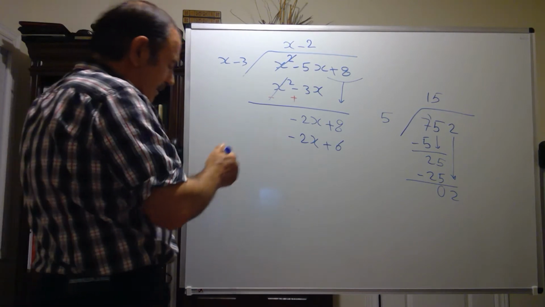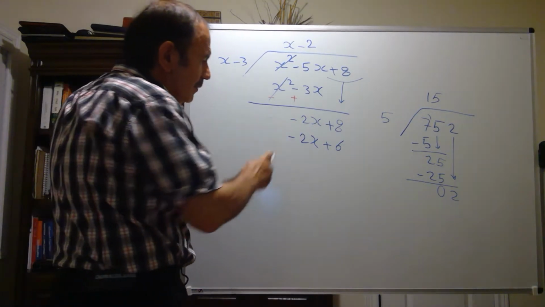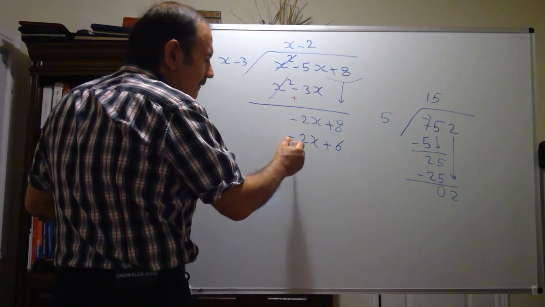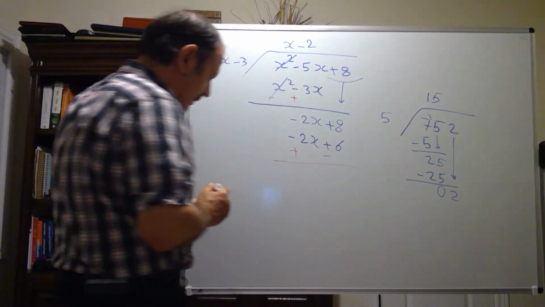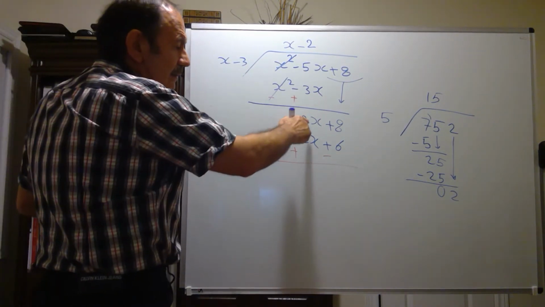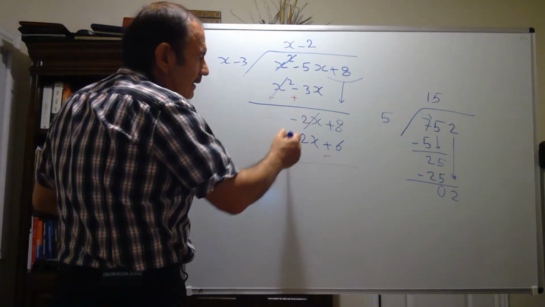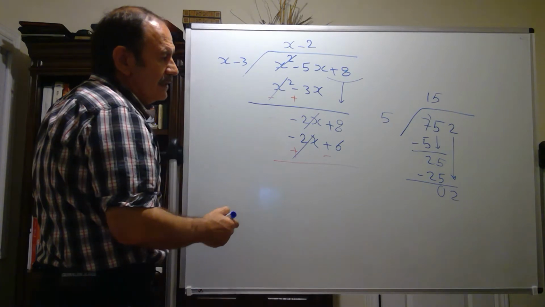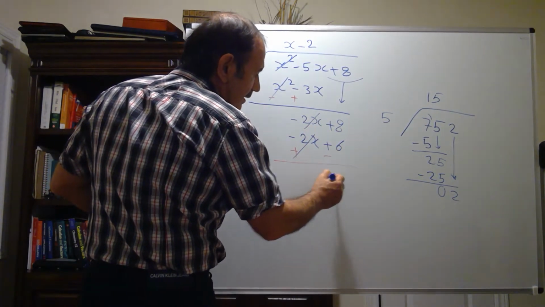We should subtract bottom from the top. In subtraction, just simply opposite the sign. Is negative, make it positive. Is positive, make it negative. Then subtract it. And remember, the first 2 terms should cancel each other. Negative 2x, positive 2x cancel each other. Plus 8 minus 6 is going to be plus 2.